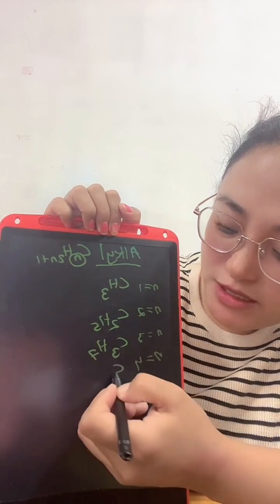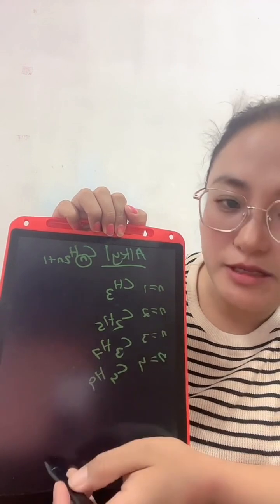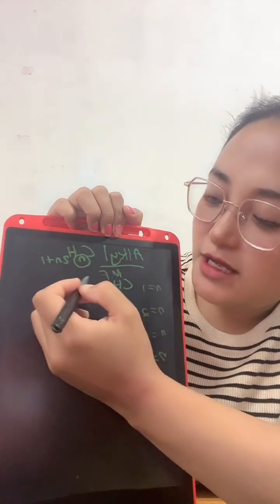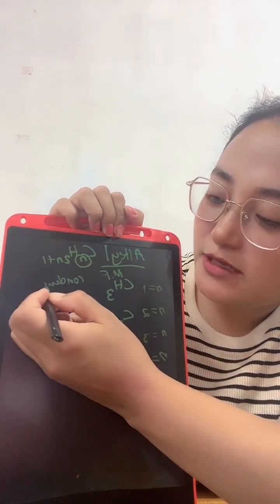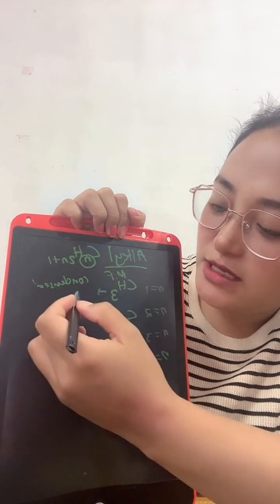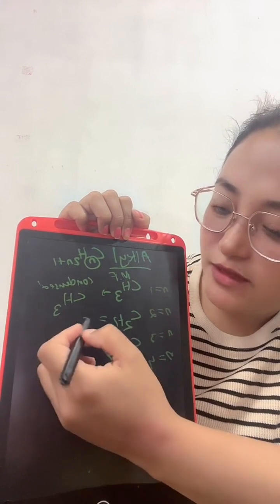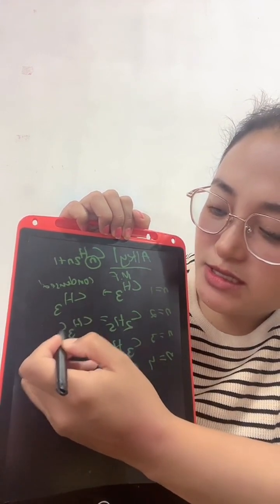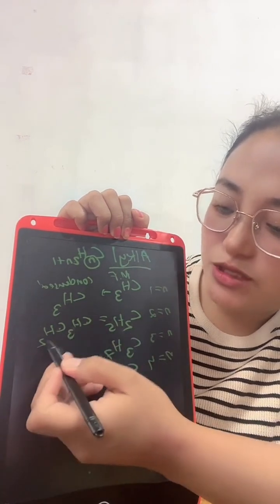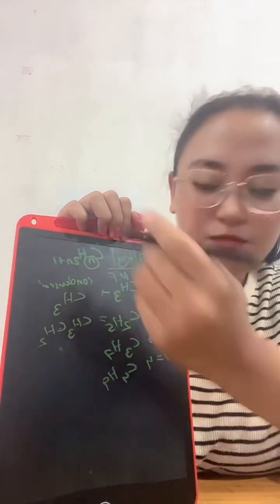For n equals 4, C4H10. Each time the hydrogens add by 2, to 9. Now this is the molecular formula. Now the condensed formula. For the condensed formula, the first one is CH3. C2H5 is CH3 CH2, because the carbon has 5 hydrogens, and this is how we write the condensed formula.